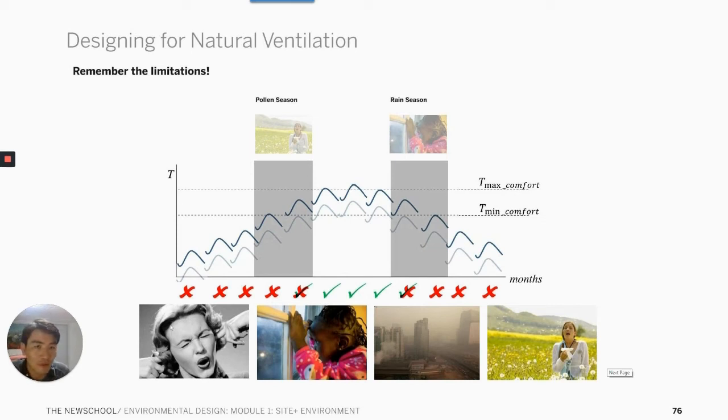Instead, you have to think about its air movement that is based on the actual physics of the air movement that we discussed. And also, remember the limitation on the outer factors, such as noise, precipitation, pollen, and outside pollution, as well as the temperature. Depending on where you are, natural ventilation might not be feasible or applicable to your design.